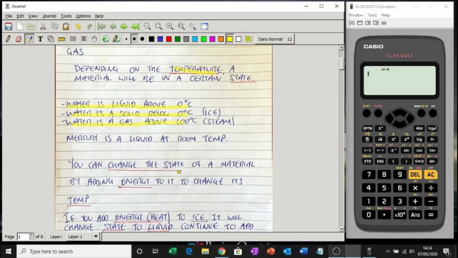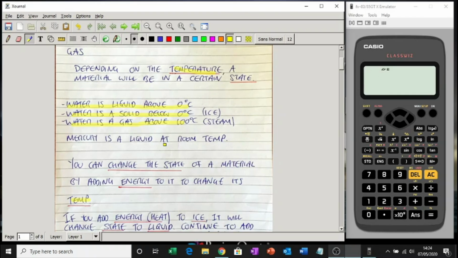So we can change the state of a material by adding energy in the form of heat, which will change its temperature. So by adding heat or adding energy to ice, we can change the state to liquid. And if we keep adding energy, we can change the state from a liquid to a gas.